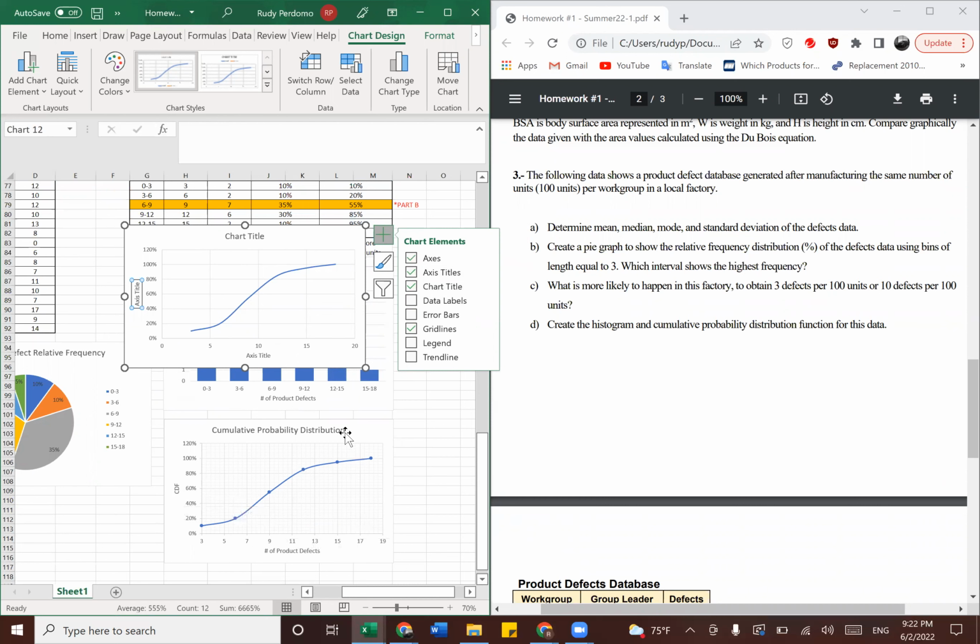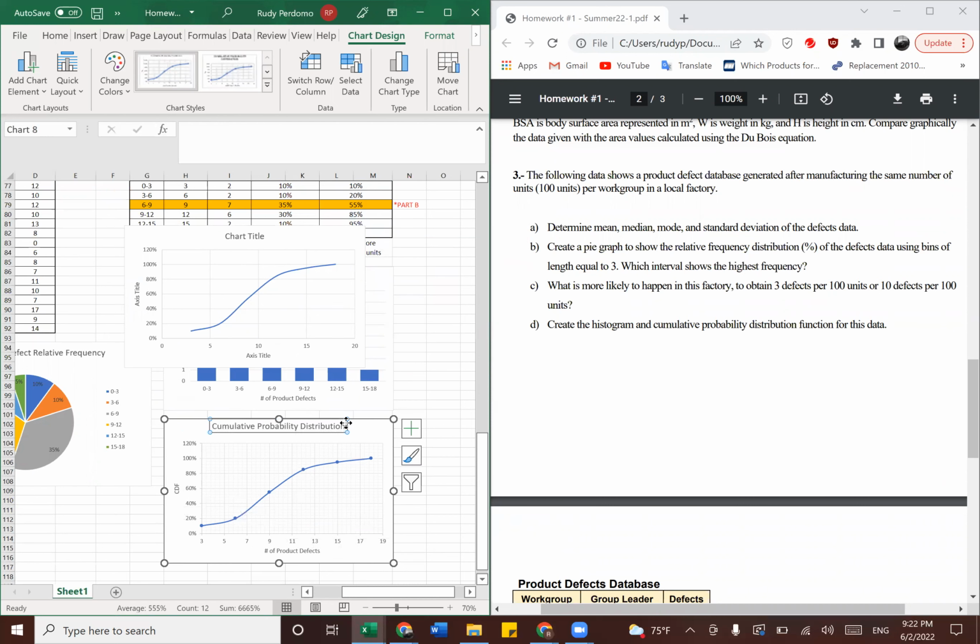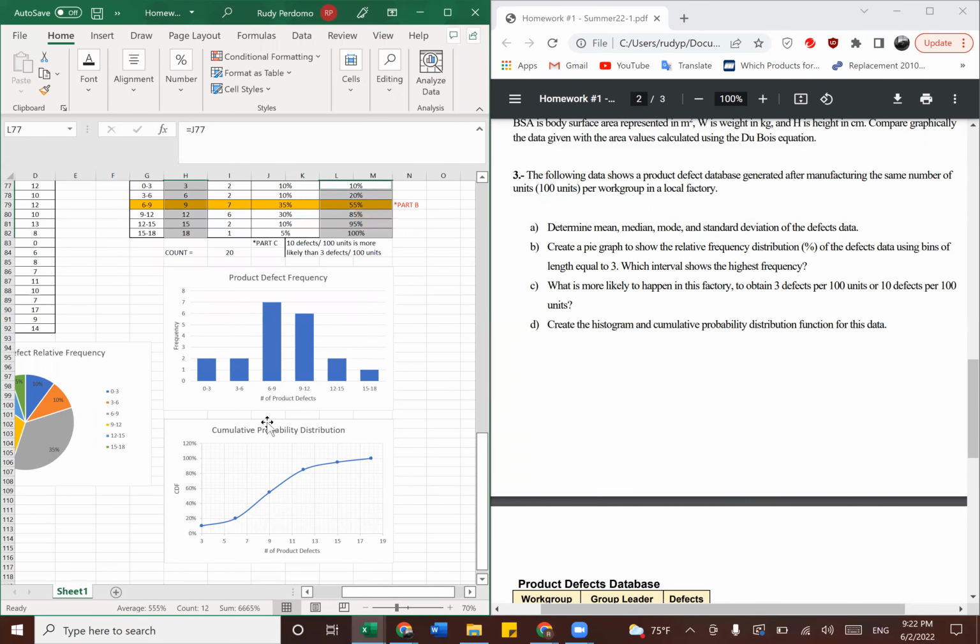So for example, anything up to 9, as you can see here, has a 55% chance of occurring.